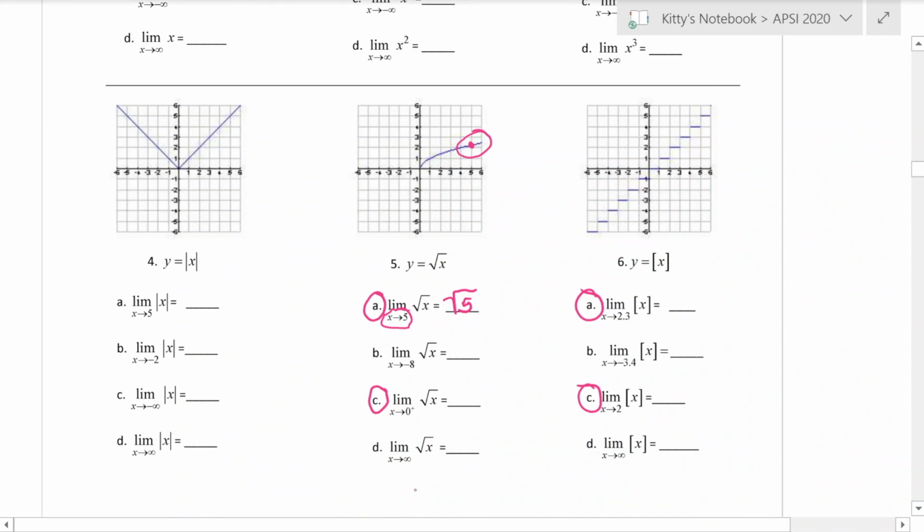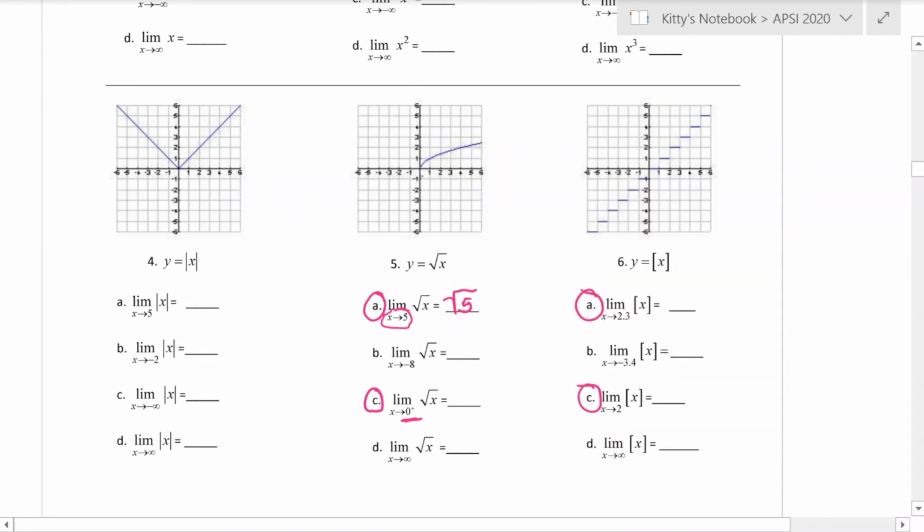Now C is going to be a little different because we're coming into 0 from the right. Let's look at that. What does that mean? Go to 0 on the graph. Okay, there it is, right there.